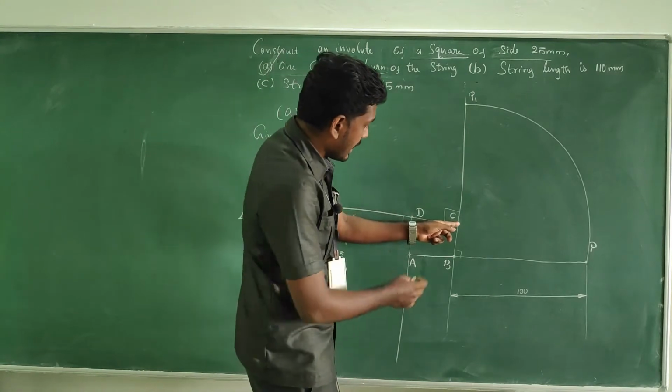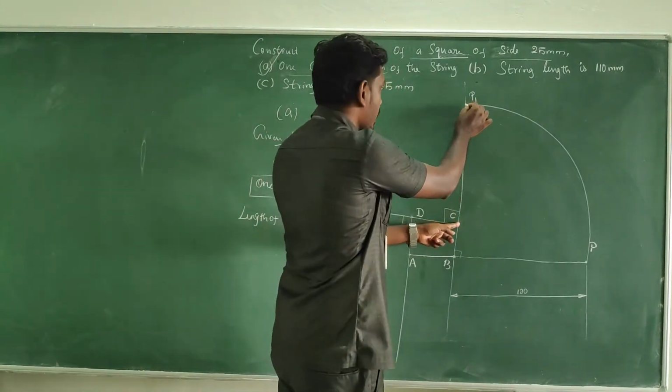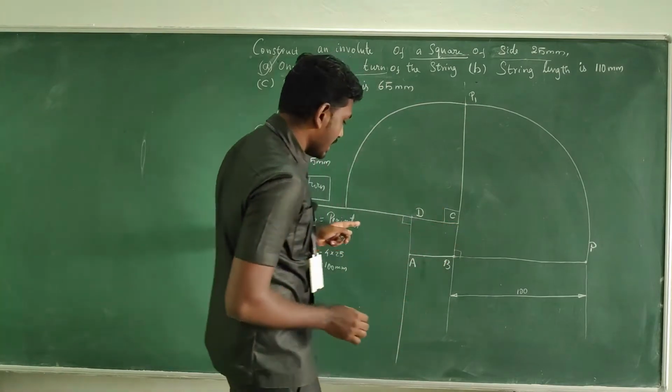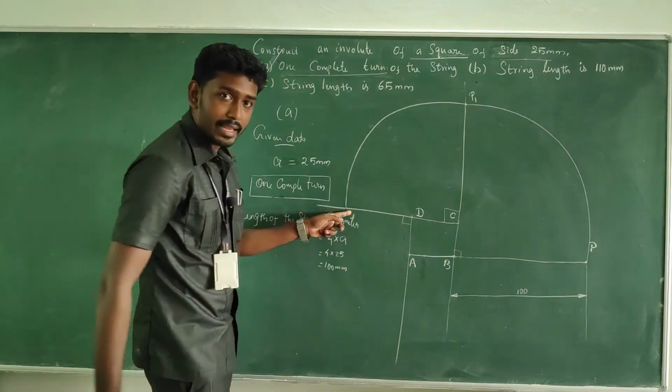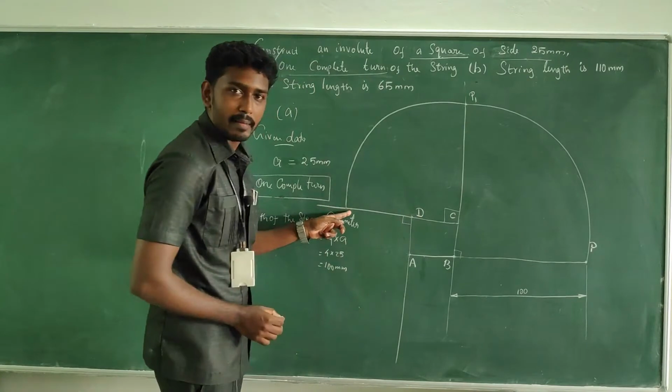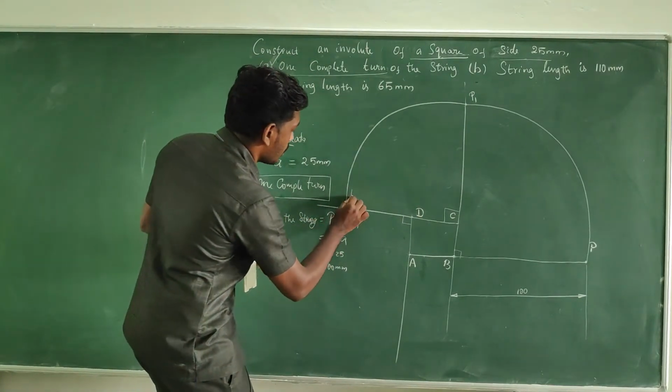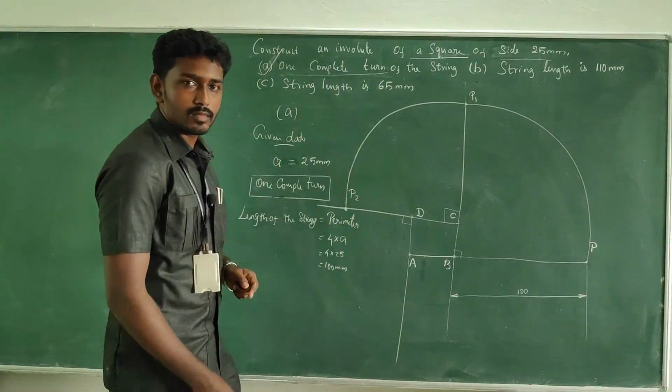Measure the distance C to P1 and draw an arc till it intersects the next perpendicular line. You will get the point P2.